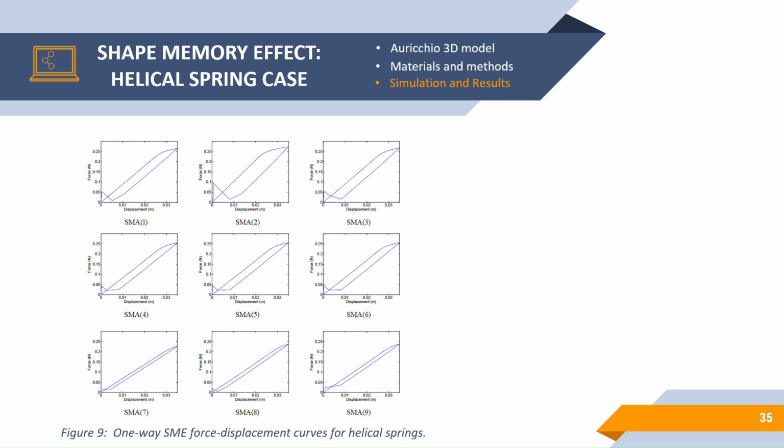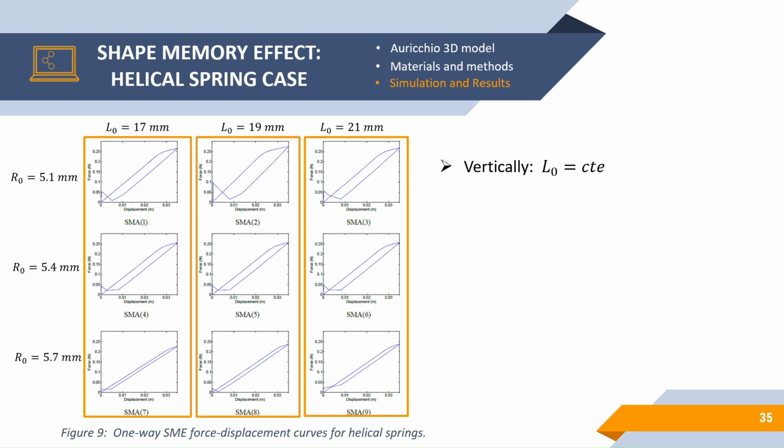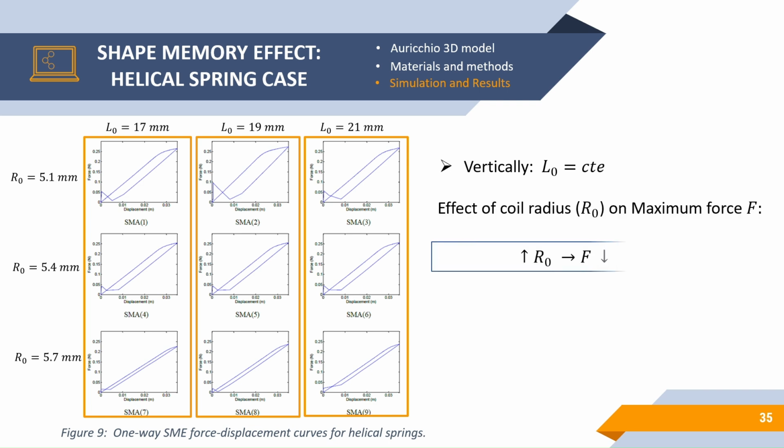The simulation results are presented in Figure 6, showing the force displacement curves of the 9 different geometries of the helical springs. When comparing the curves vertically with a constant initial length, it is clear that the maximum force is affected by the coil radius.